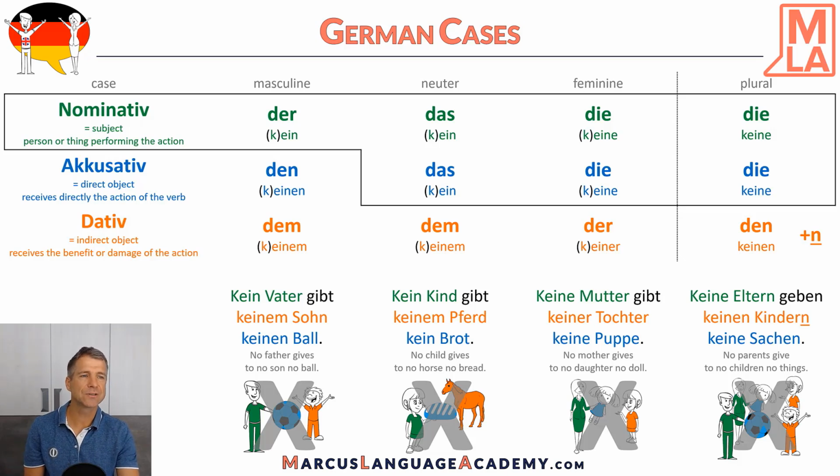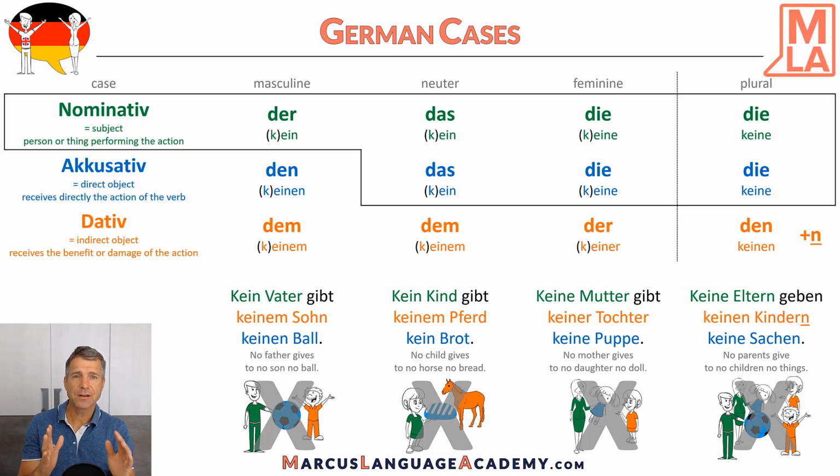And here you see also in nominative it's keine, in accusative keine, the I, because there's no change, and in dative is keinen. No? The same applies when you want to use no father gives no son, no ball. No? It's really similar to the definite indefinite article, just you use kein instead of ein. Okay, and the same for neuter and feminine.